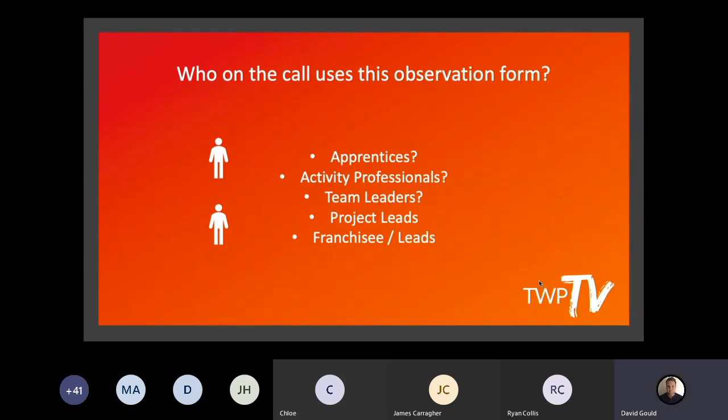Do you want to unmute yourself and tell us how you use this form, or when you've used this form? Nope. Okay. We've got Oliver M. You put yourself as an AP.